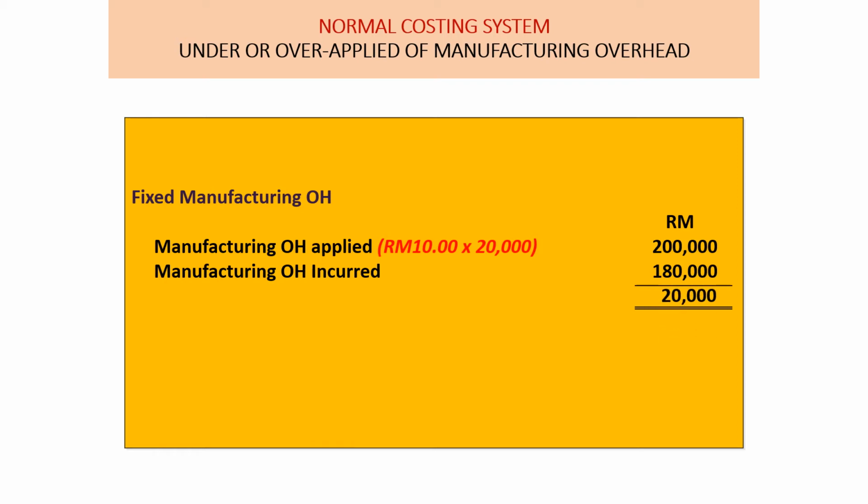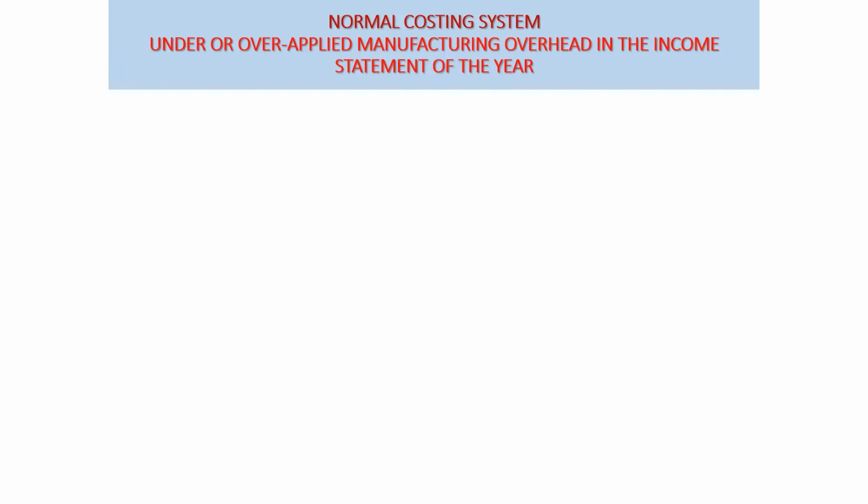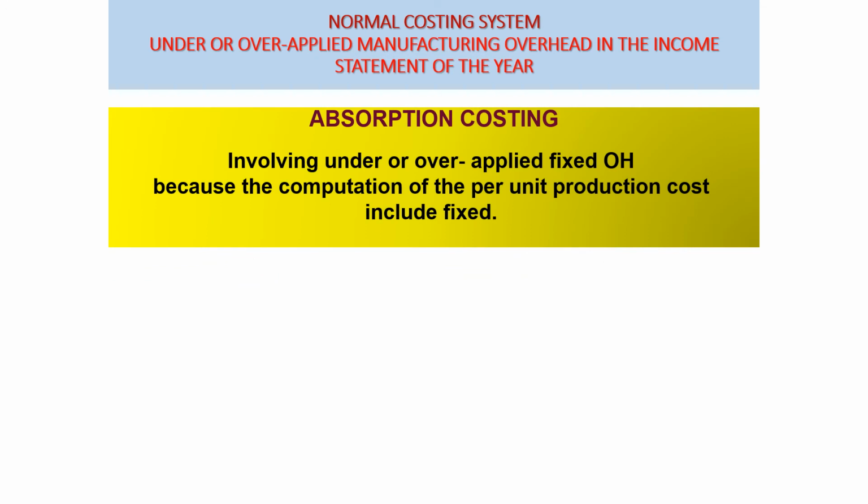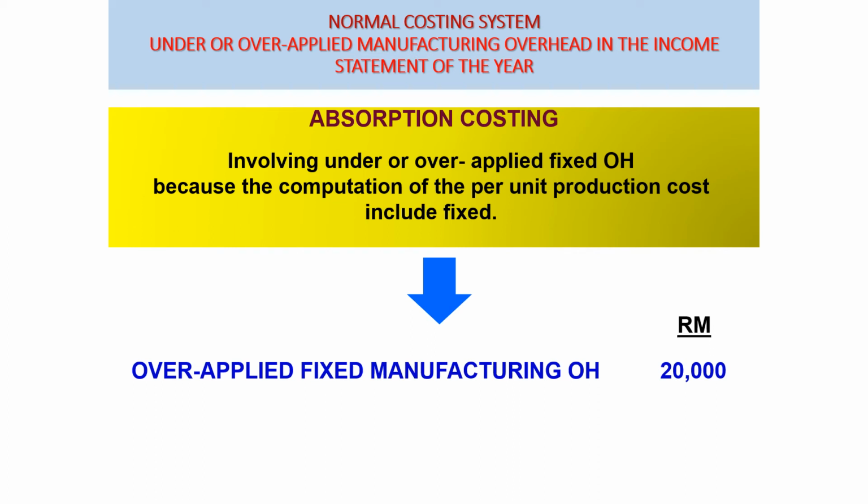Therefore, there is a 20,000 excess, meaning over applied fixed manufacturing overhead is 20,000. Under or over applied manufacturing overhead appears in the income statement under absorption costing, involving under or over applied fixed overhead because the computation of the per unit production cost includes fixed overhead. So the over applied fixed manufacturing overhead is 20,000.